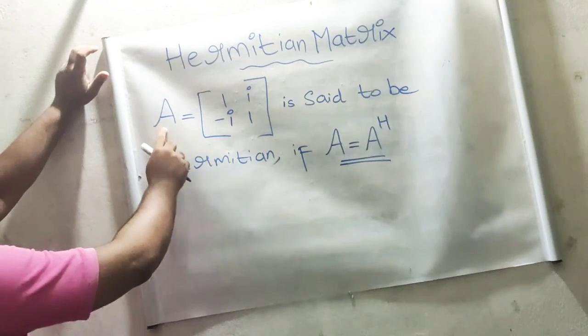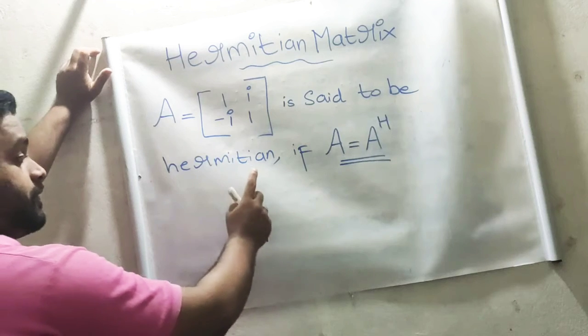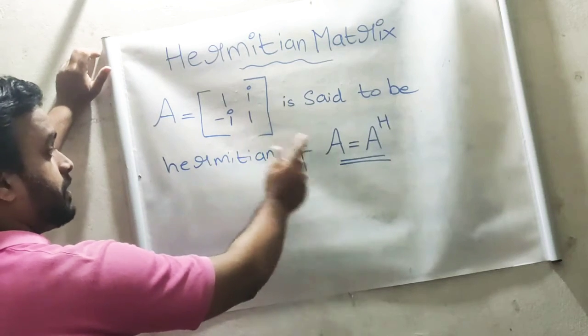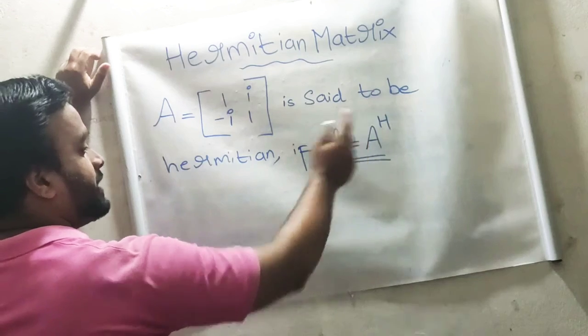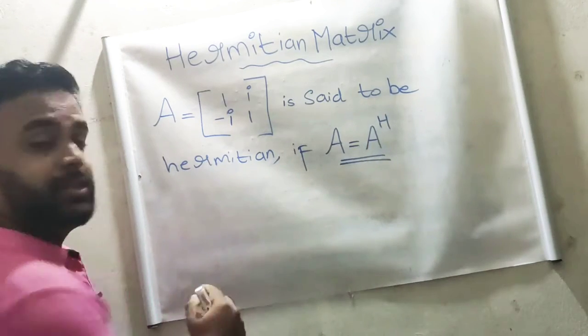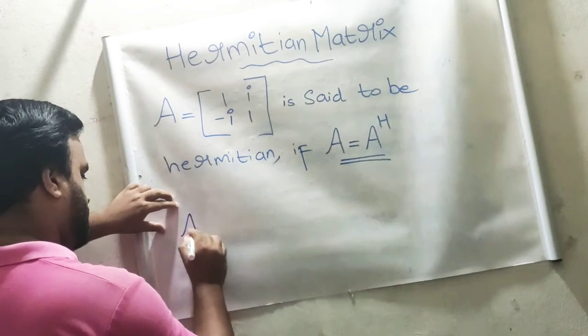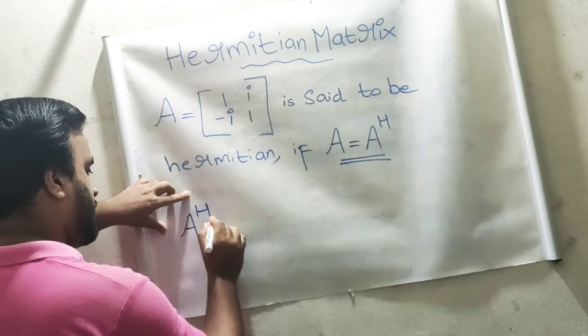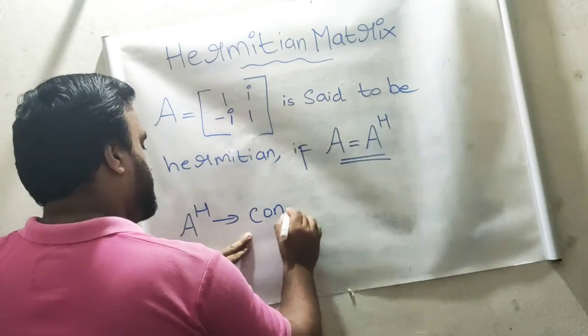A matrix A is said to be Hermitian if the matrix must be equal to AH. This is the condition. Then what is AH?